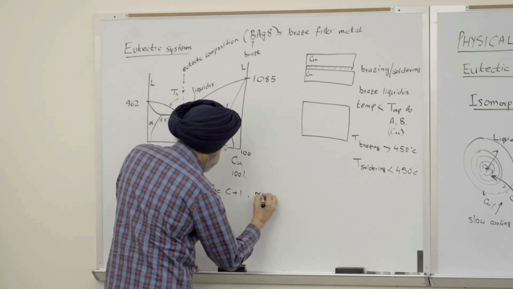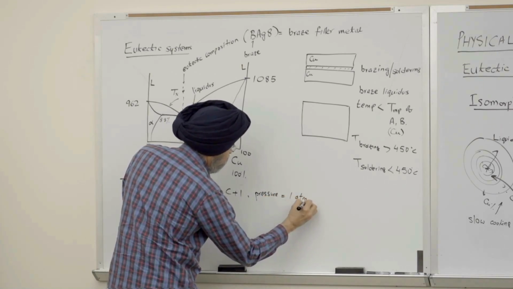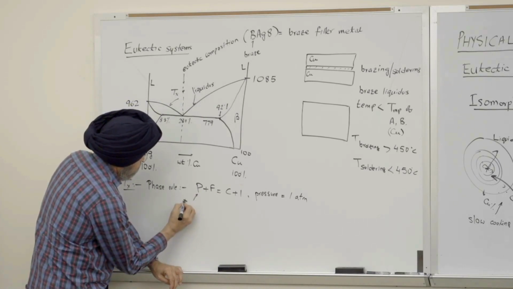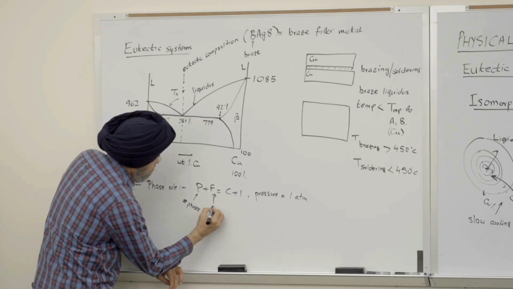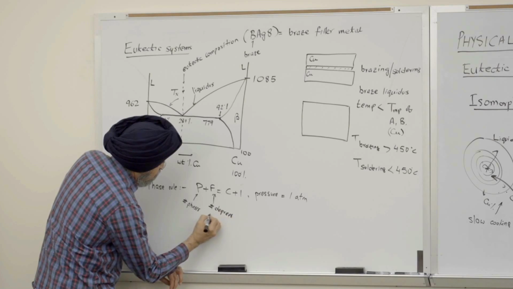So pressure is 1 atmosphere. So P is the number of phases that are present. And F is the number of degrees of freedom.